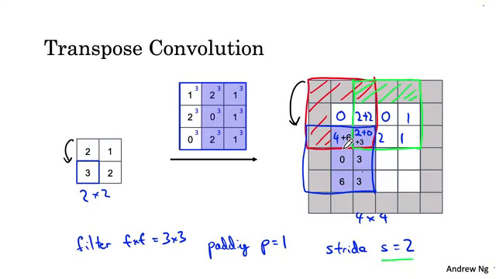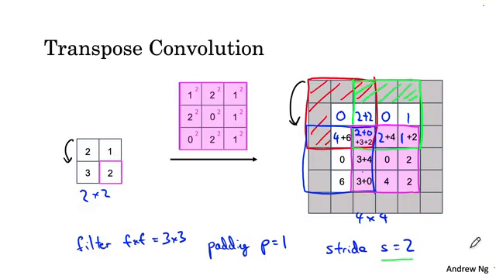And then lastly, let's go into the last input element, which is 2. So we will multiply every element of the filter by 2 and add them to this block. And so you end up adding 1 times 2, which is plus 2, and so on for the rest of the elements.